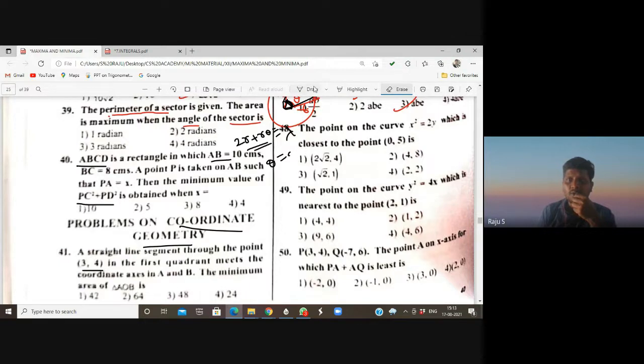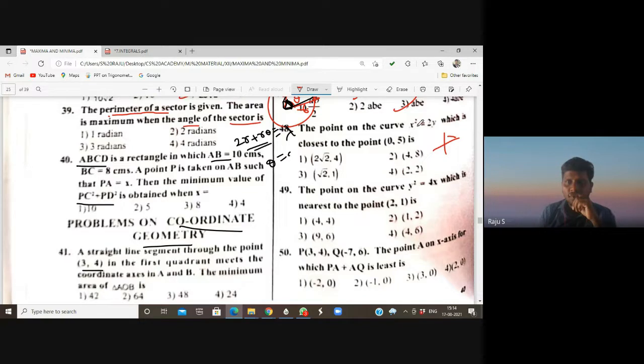Closest means nearest. Okay, fine. So closest to, here we find dy by dx.